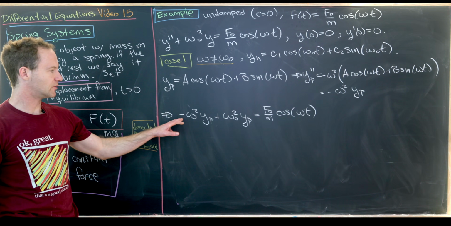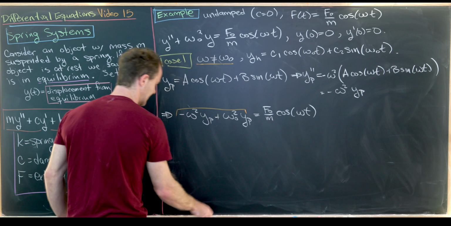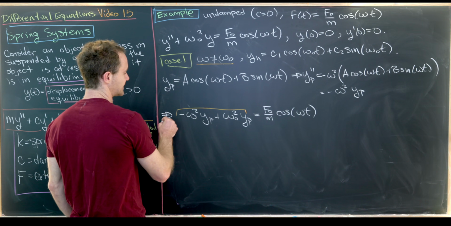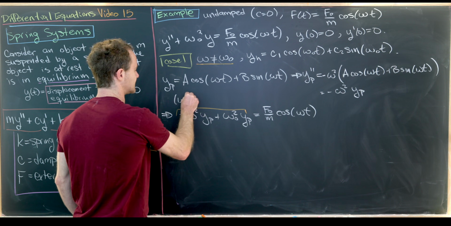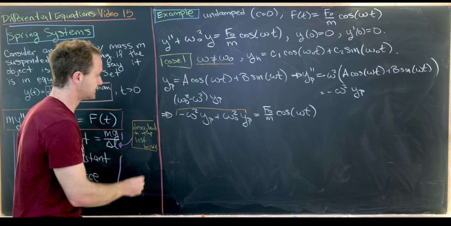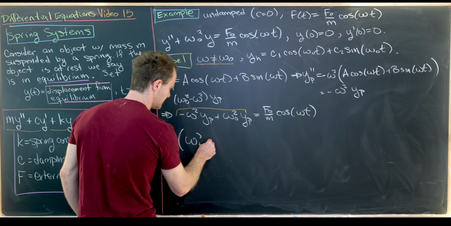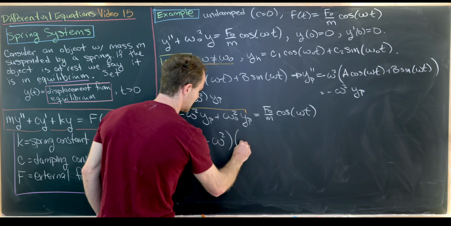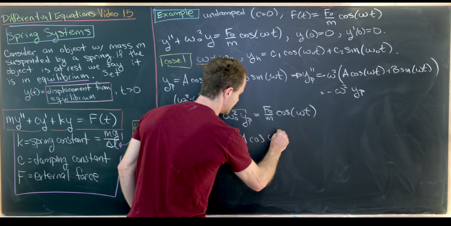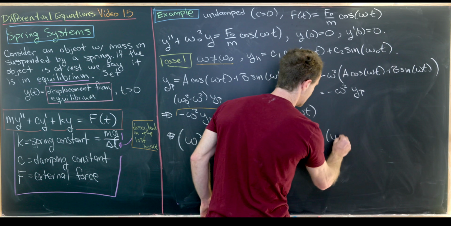Great. And now note that we can factor out this left-hand side a little bit. That'll leave us with omega naught squared minus omega squared times yp. So in other words, we'll have omega naught squared minus omega squared times A cosine omega t plus B times sine omega t.